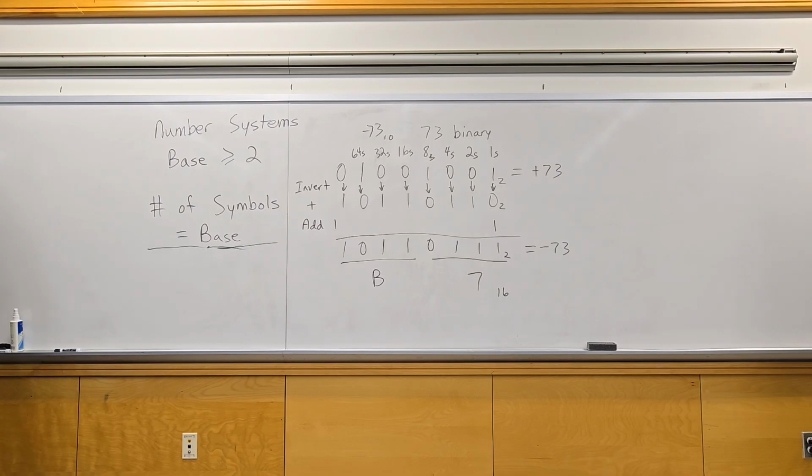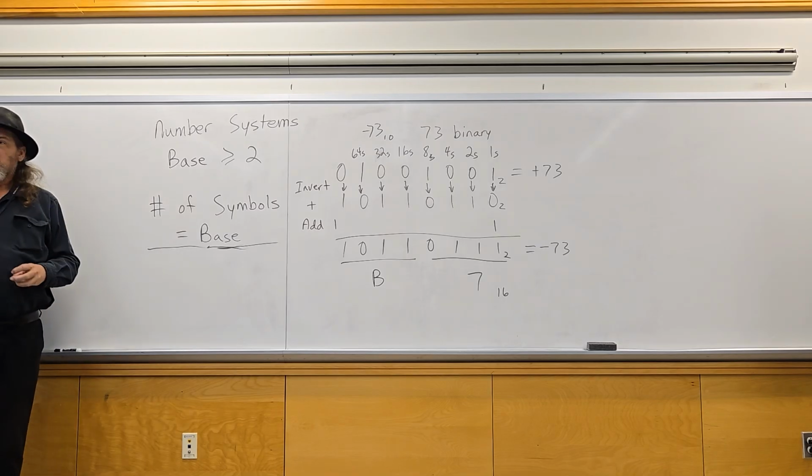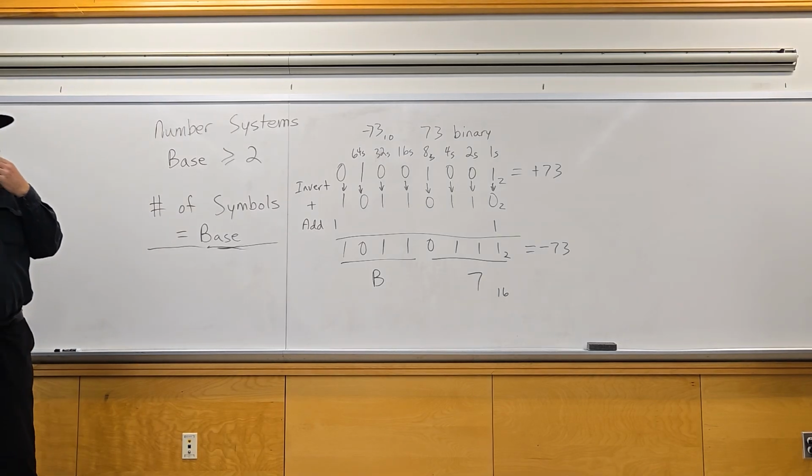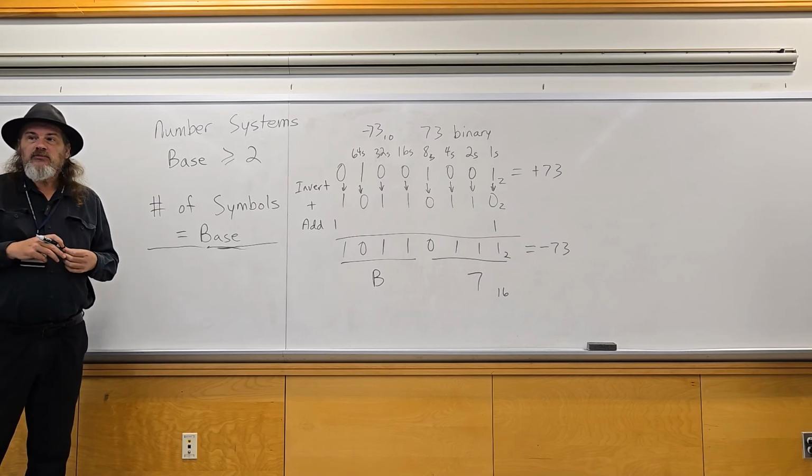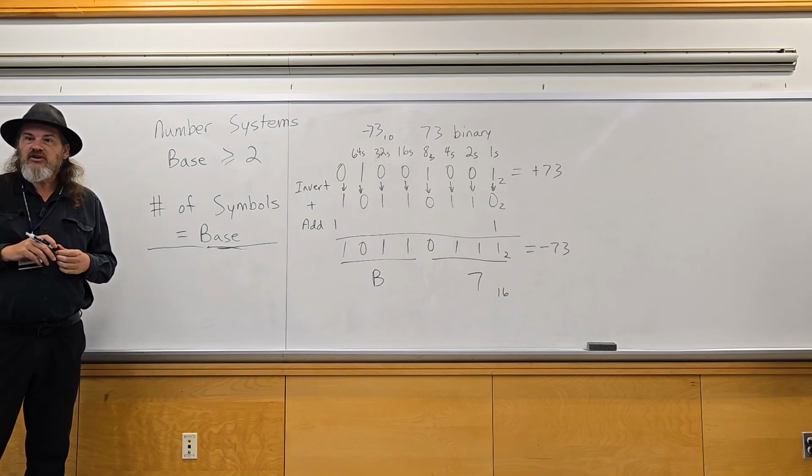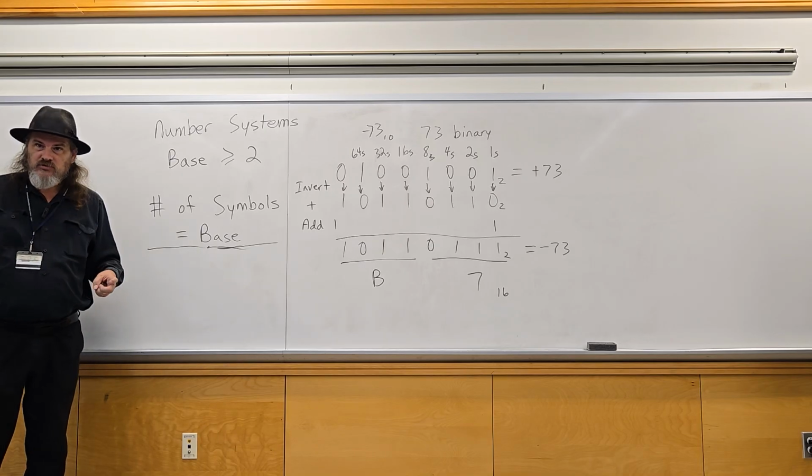We'll find later, it turns out this is really easy to do in hardware. So you can use the same logic gates to add 2 numbers and subtract 2 numbers.